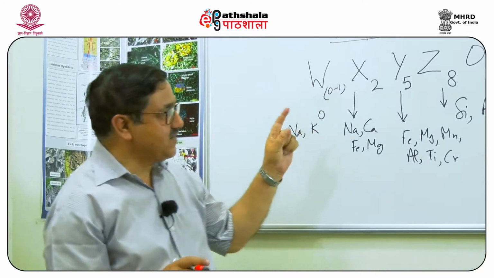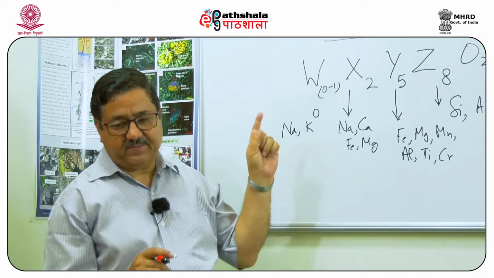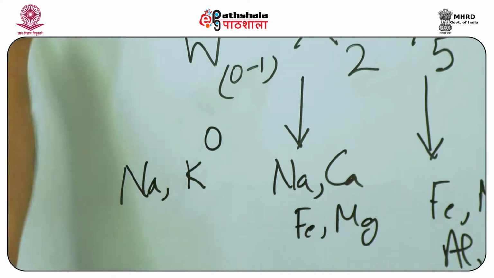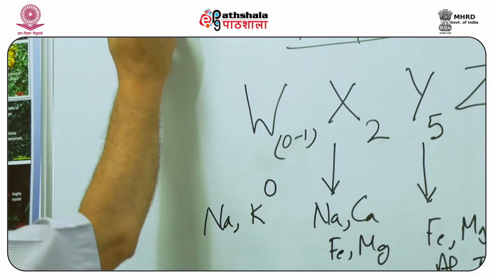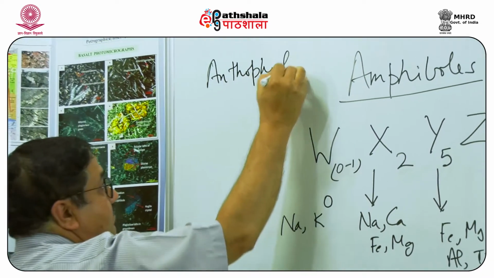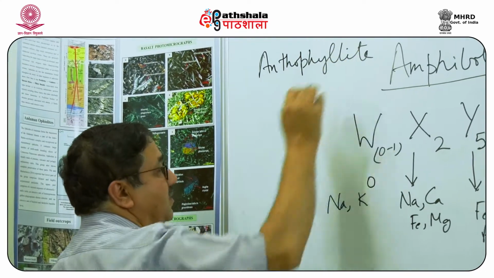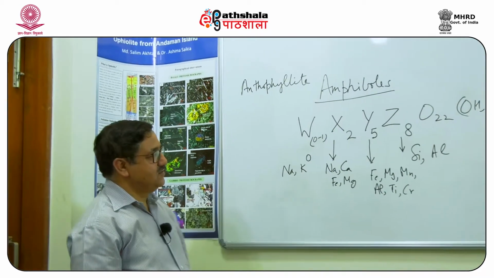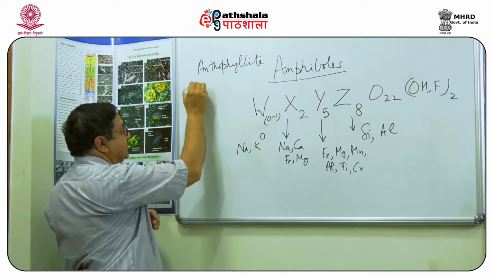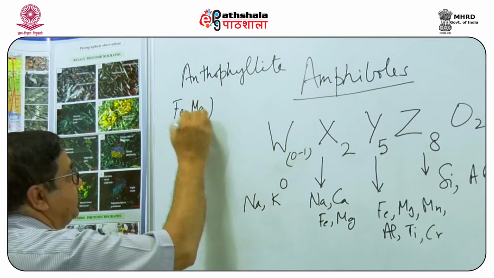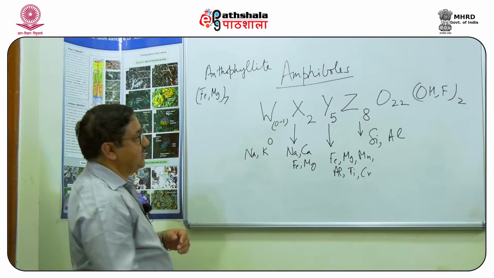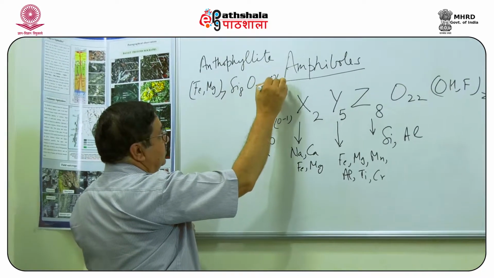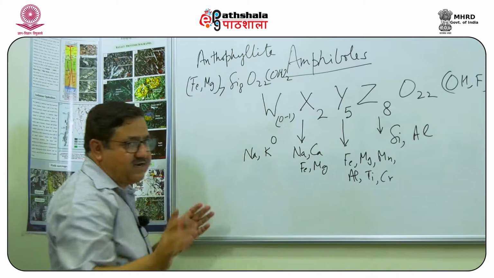So, let us look at some of the common amphibole names. One of the first amphiboles I would like to mention is anthophyllite. We can write its composition as (Fe,Mg)7Si8O22(OH)2 as a general formula.